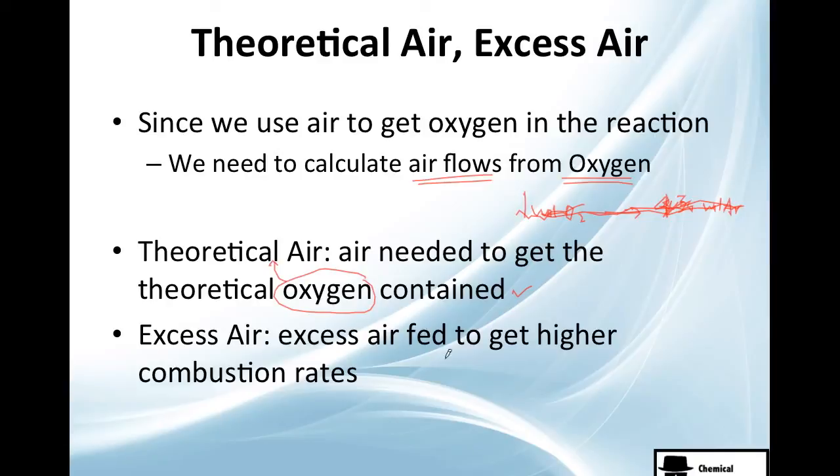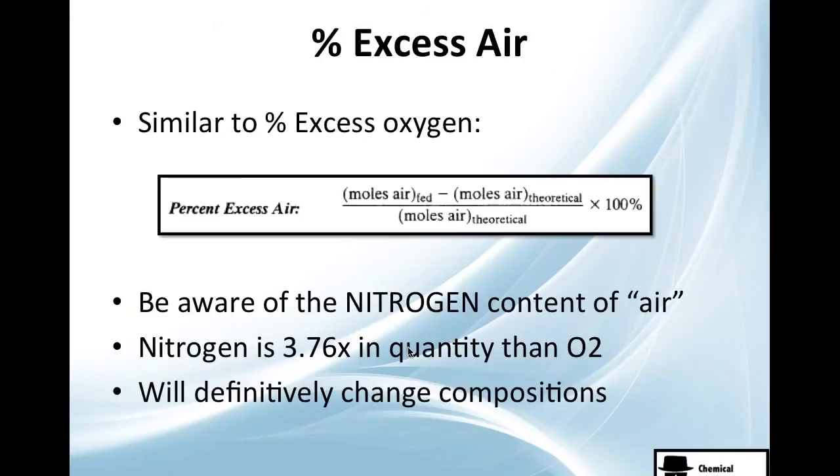Now the excess air is the air that goes extra, easier. It's almost the same as oxygen, but now it's air. And this will give us higher rates of combustion. And as seen before, it's similar to O2, because percent excess of air is the moles of air you feed minus the moles you must actually react, divided by the moles of the same quantity.